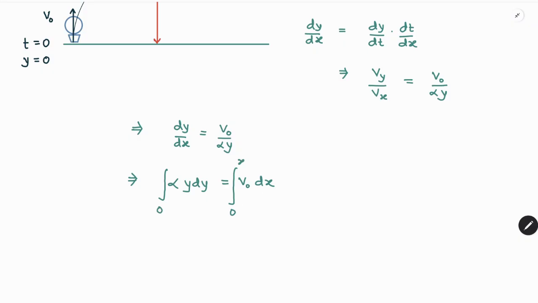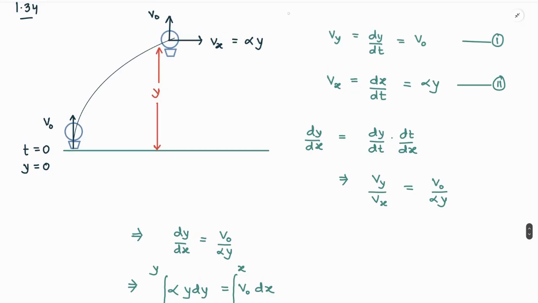So for a certain value of x we will have a certain value of y, and from here we can write alpha y square by 2 is equal to v0 x, or from here we can say that the horizontal drift x is equal to alpha y square by 2 v0. So this is the horizontal drift, the first part of the problem which we were looking for. So this is how we solve the first part of the problem.